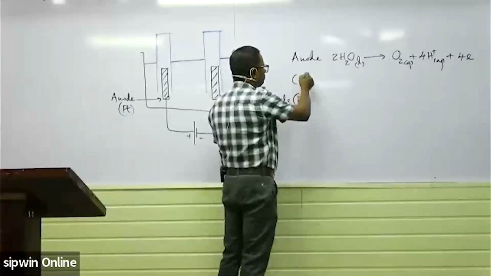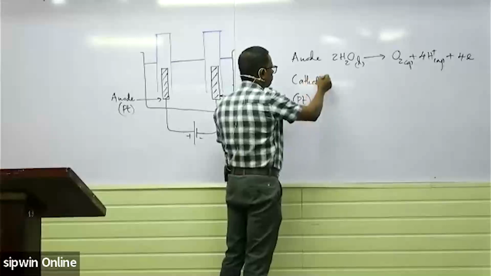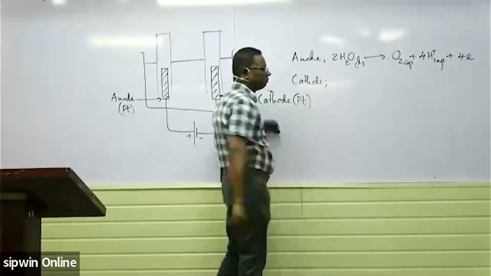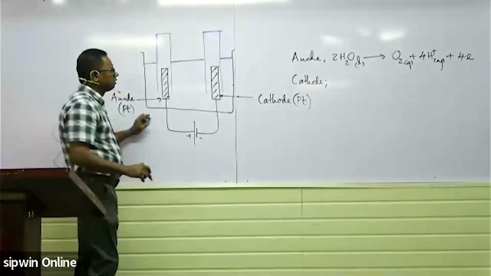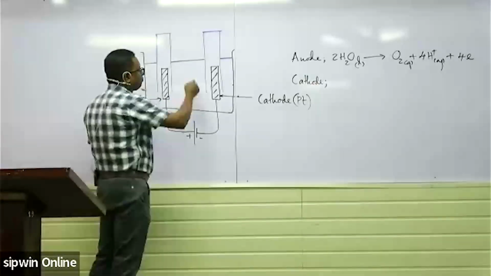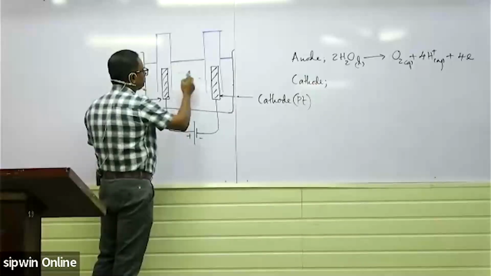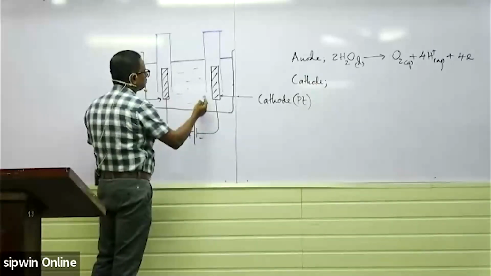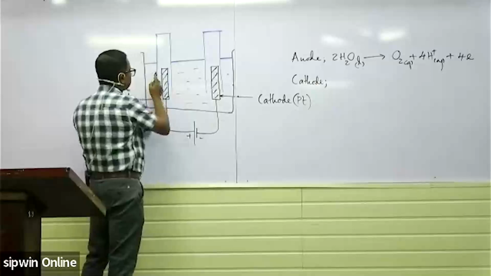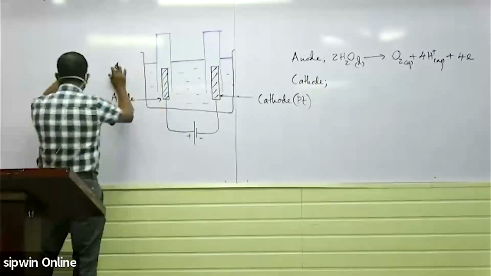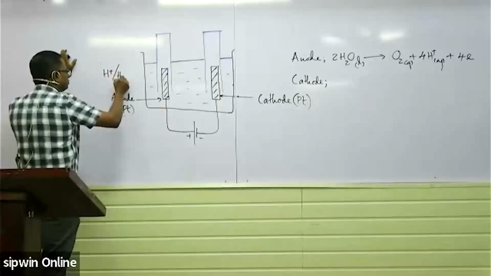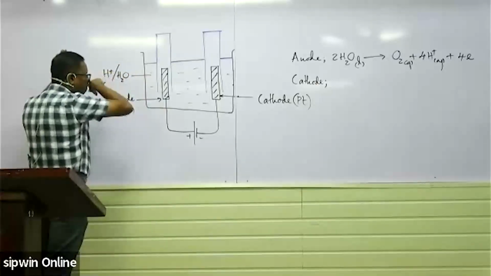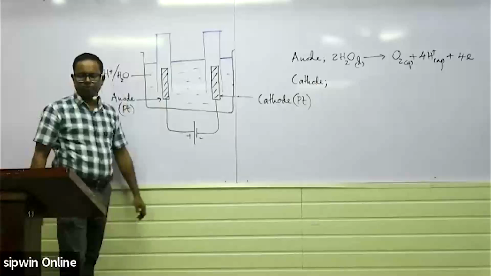Cathode. Here we use acidulated water. H plus gives H2.